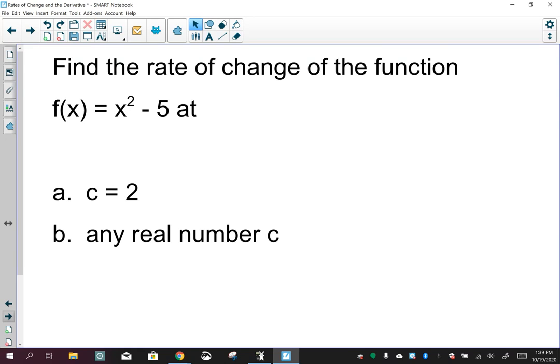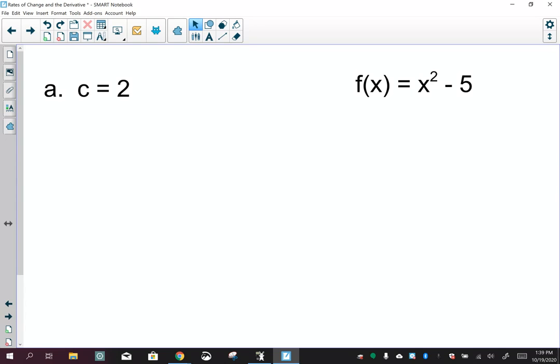So what we're going to do is find the rate of change for this function, f of x equals x squared minus 5, at c equals 2, and then for any real number. Let's start here at c equals 2. Let's change to a different color. Let's go purple.